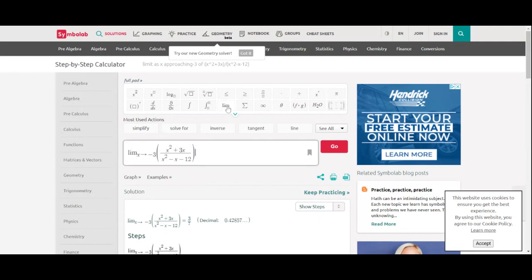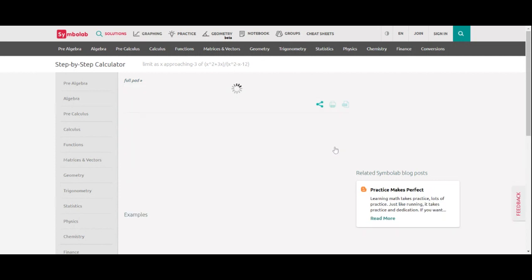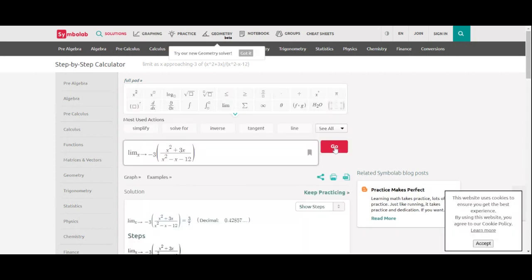You would just click on the limit here. It's going to give you x approaches infinity when you first select it. So you just have to change that x approaches to whatever you're approaching. In this case, we're going to -3. Then you'll just type in your expression just like you would in Desmos or something like that. And then when you click go, it's actually going to do the calculation for you.